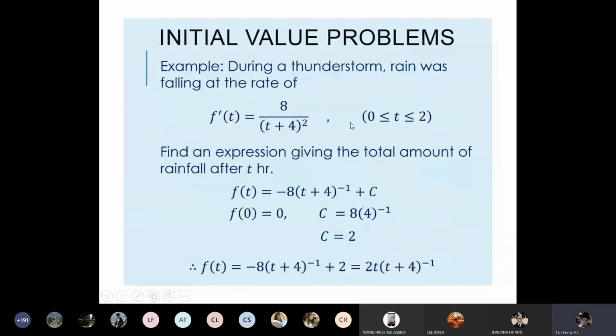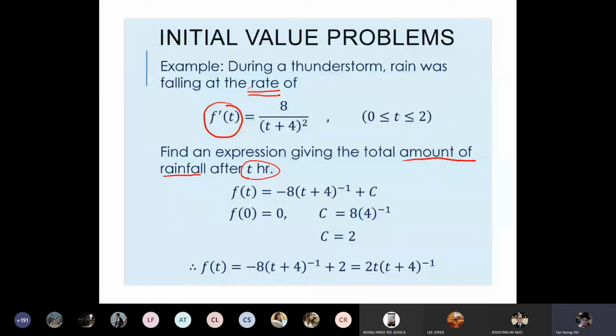Now first, we know that when we have this one, it's always referred to rate. Rate of change. So during a thunderstorm, rain was falling at the rate of this, where the T is between 0 to 2 hours. Then what is the F?